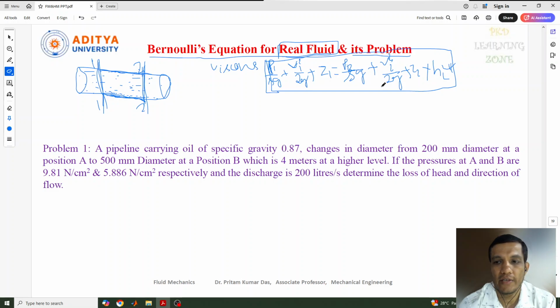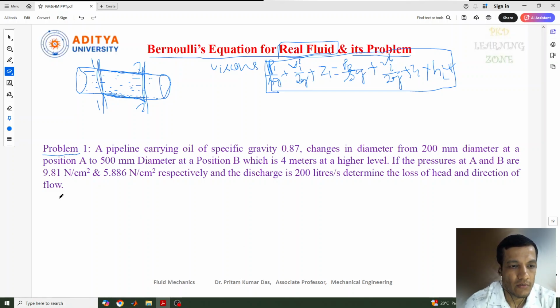Now we'll solve one problem related to that, and the same equation is going to apply, but we need to consider the real fluid condition. So the question is given here. A pipeline carrying oil of specific gravity 0.87.